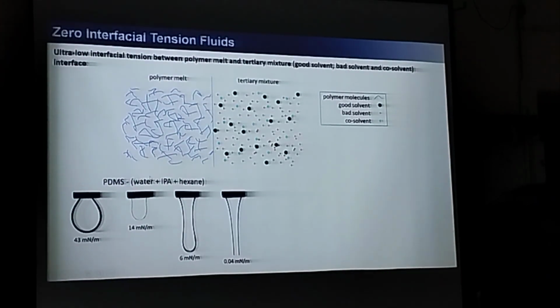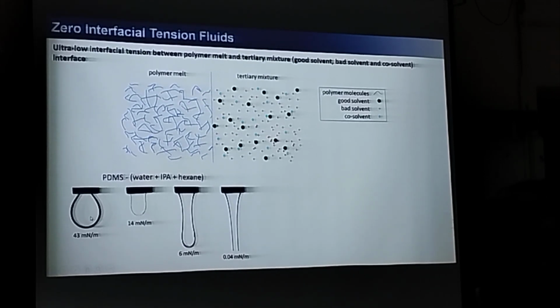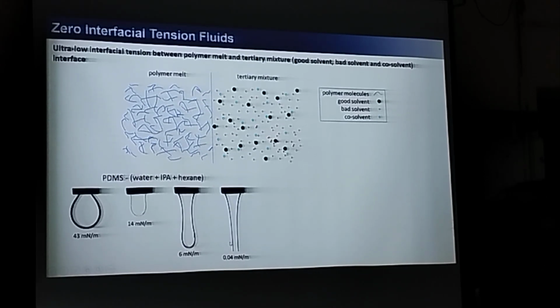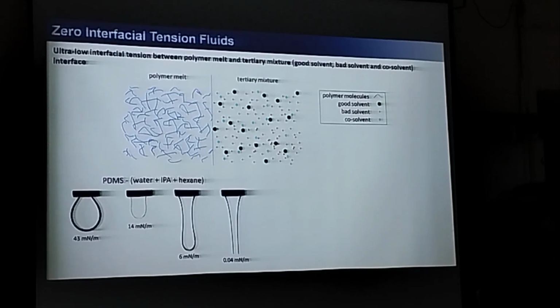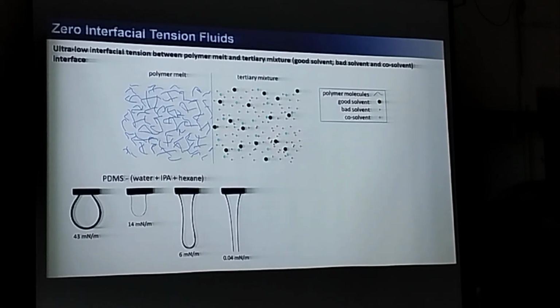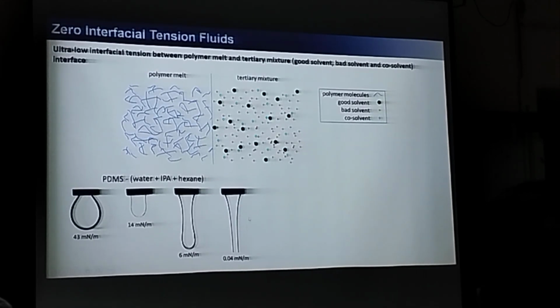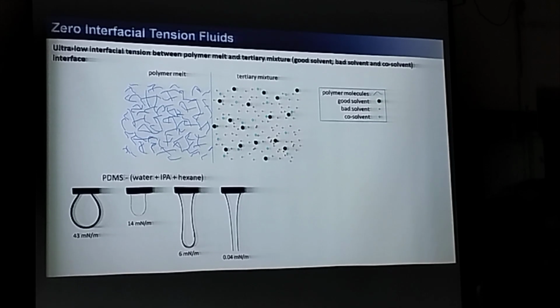And after tuning the composition of water, IPA and hexane, you see that the spherical drop shape does not follow a sphere at all. The water becomes a long cylinder, which is a completely unstable configuration for any liquid in air. Because of the high interfacial tension, it will always form a curvature and will tend to make a drop at the end of the liquid.